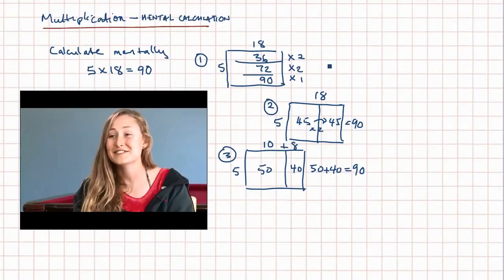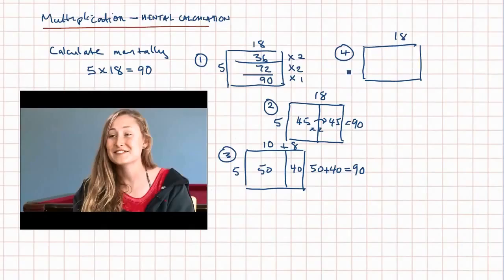Other students realized that the 5 could also be changed. So we have this kind of thing going on. We've got our 18 at the top again. Let's keep that the same.